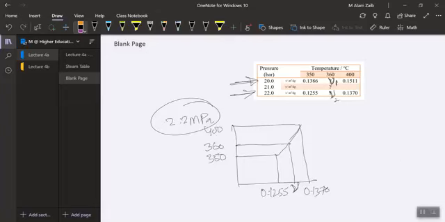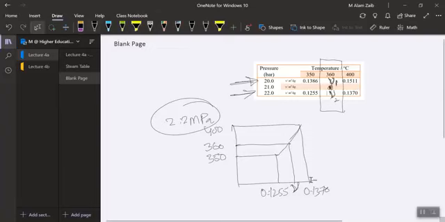So now I have got the volume at two extreme positions, and I need to find this volume.